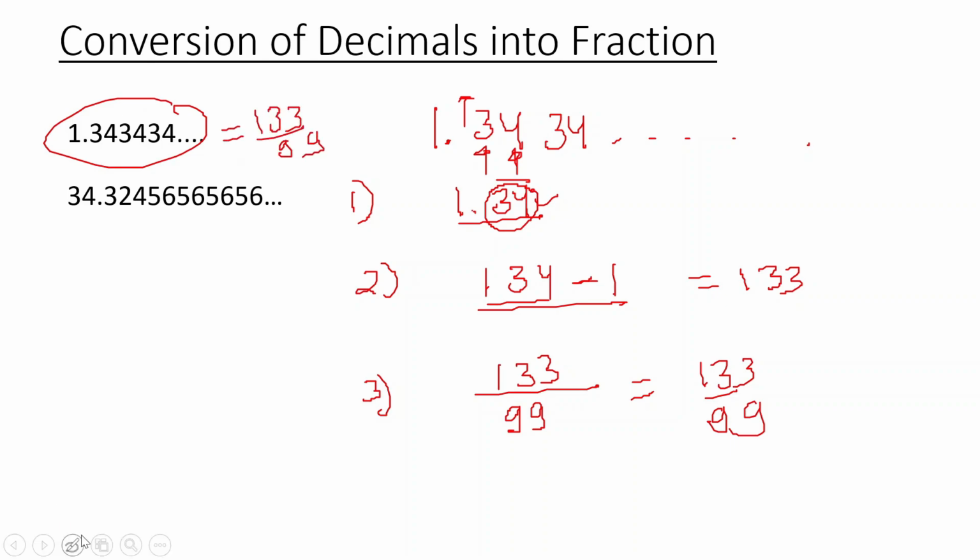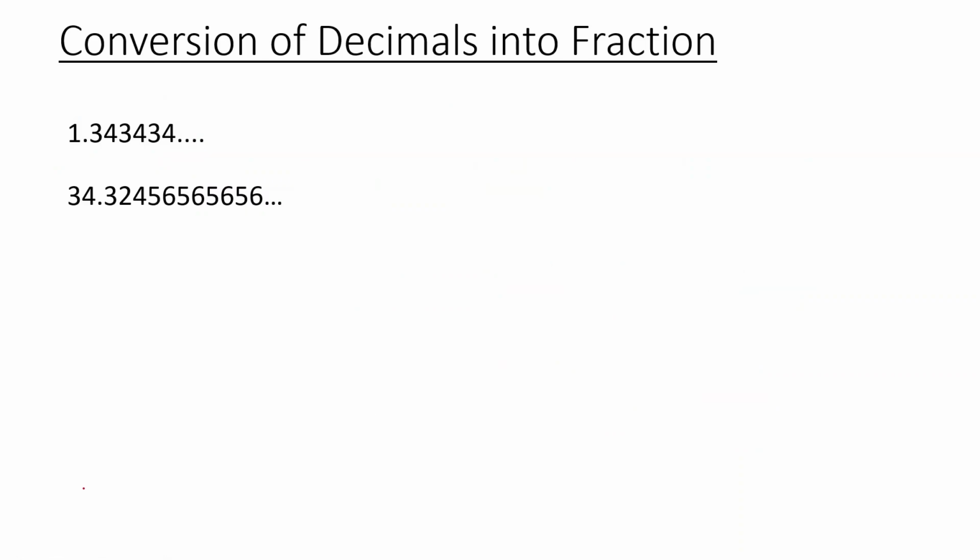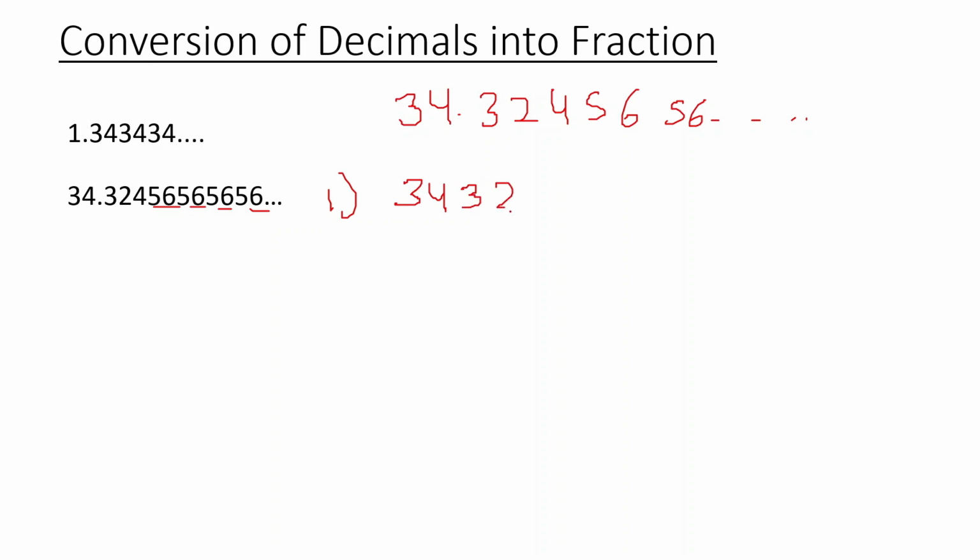So let's see the second example also. This will give you more clarity. 34.32456. So here 56 is repeating. First step is to write the complete number. So I will write 32.45656, with 56 repeating.